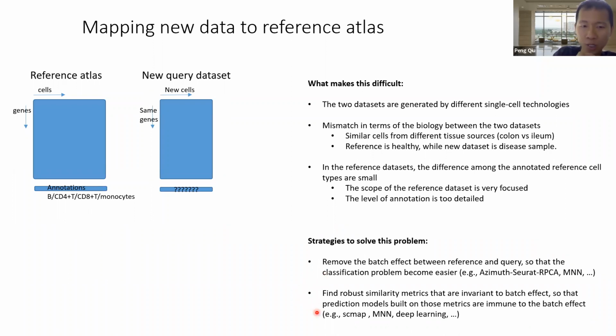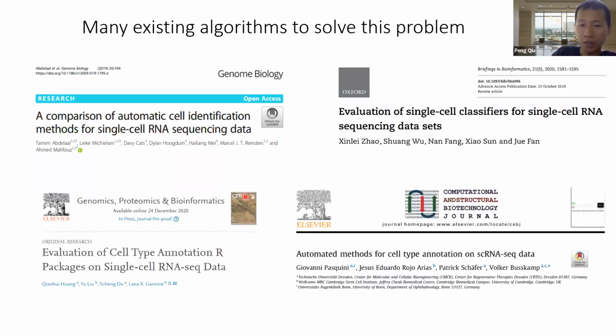So to me, the approach that aims to learn from an annotated reference data set to make cell type annotations for a new data set is a data integration, batch removal problem.